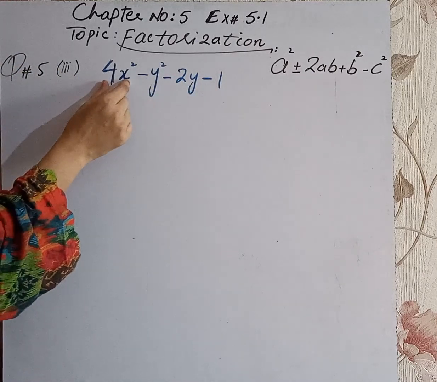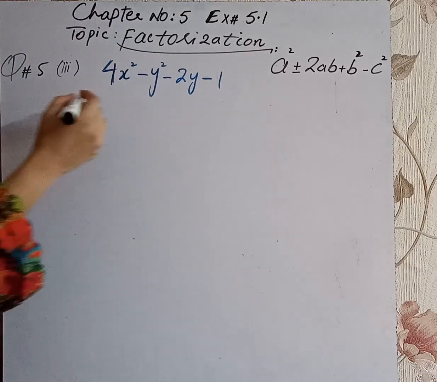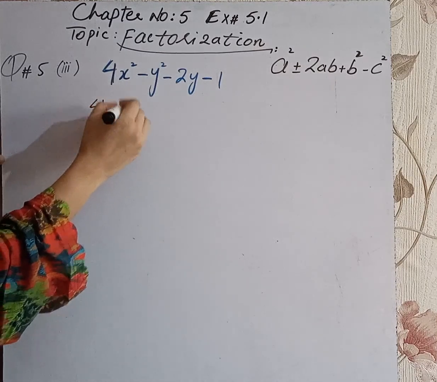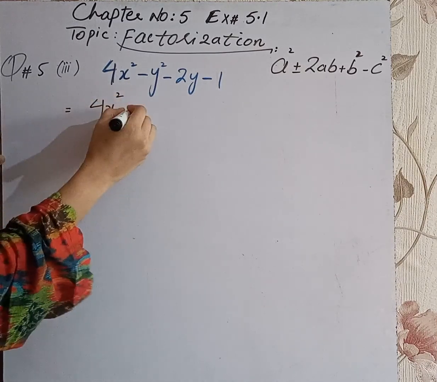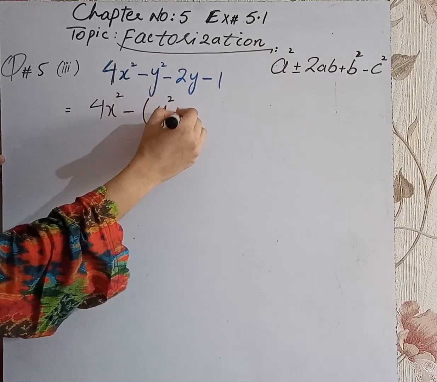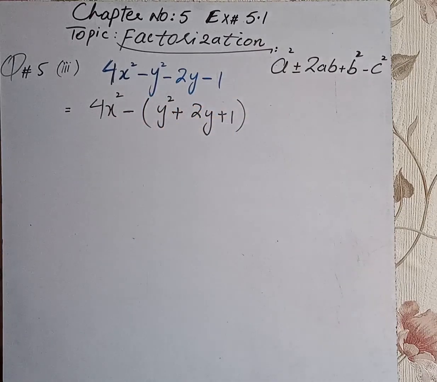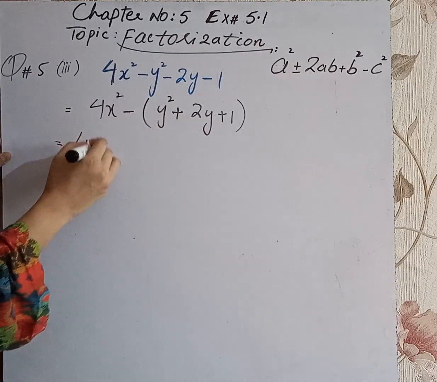The x term is the different term. So we will separate this 4x squared minus, we will write in bracket, y squared plus 2y plus 1. Now we can see from here that again we will check for completing the square. We will check if this can be a whole square.